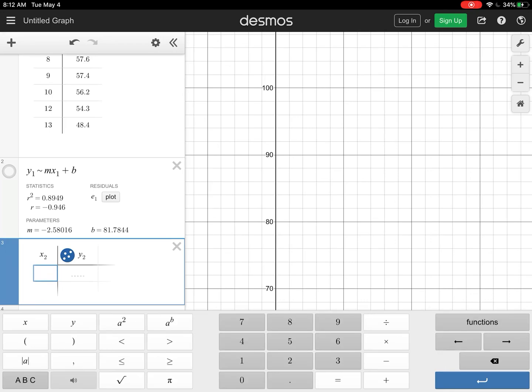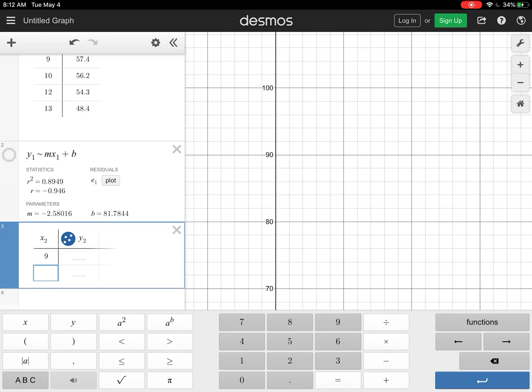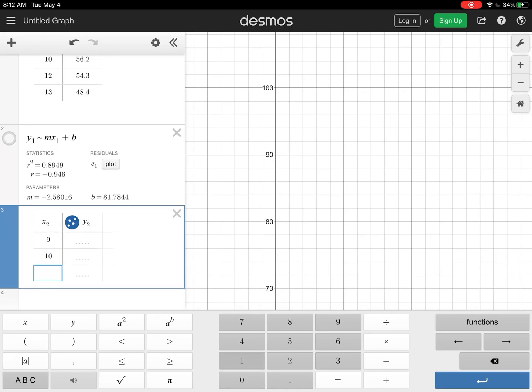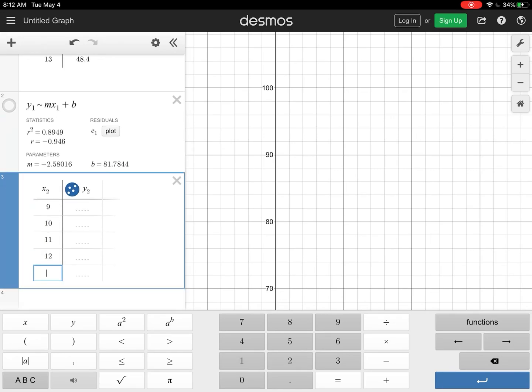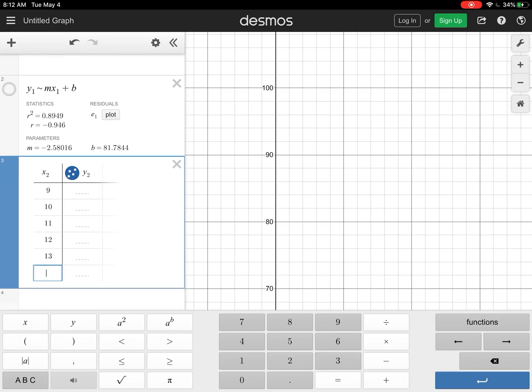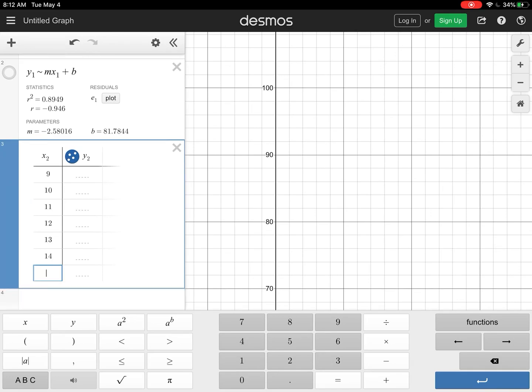So my points are 9, 10, 11, 12, 13, 14, and 16. So my Y2 values are 1.30, 1.20, 1.15, 1.10, 1.05, 0.95, and 0.84.